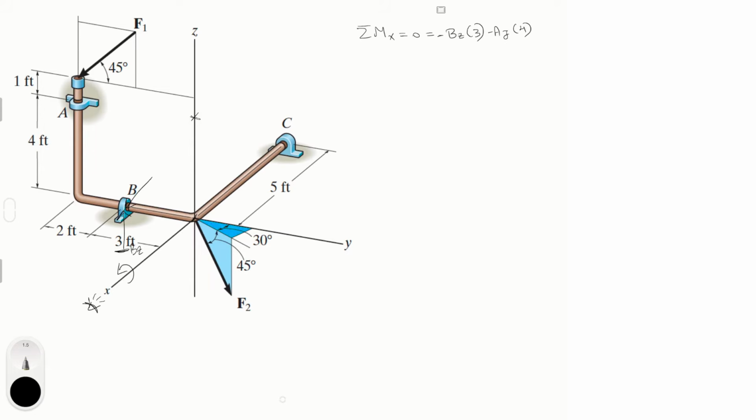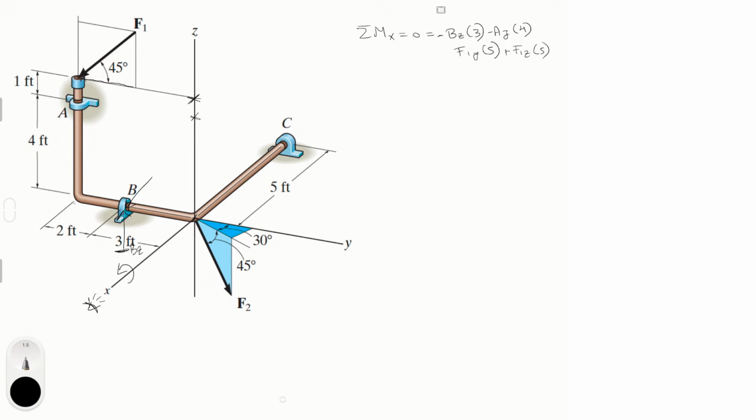Now what else am I forgetting? Okay, F1, which is F1y times 5, and it's positive because F1y is basically this force right here, so it's the distance between the origin and this point, that's why it's 5, plus F1z times 5 as well.